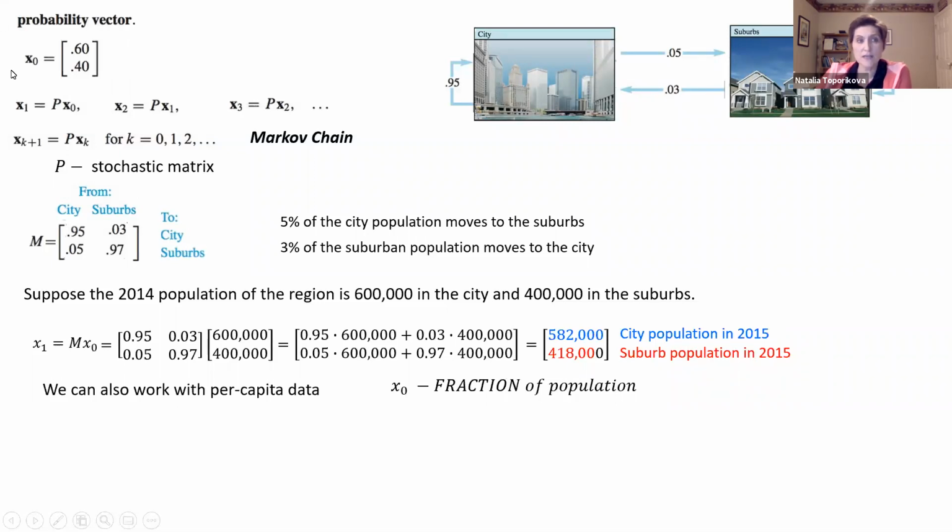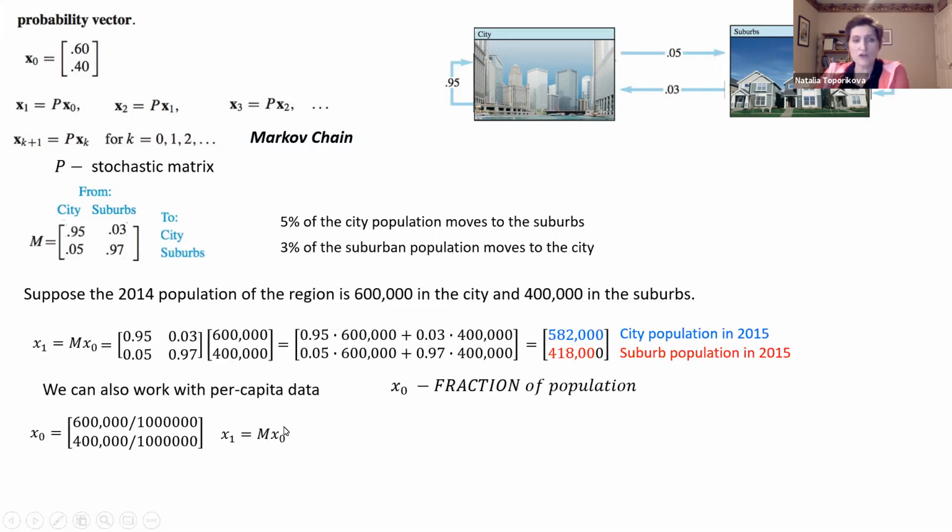That gives us our original probability vector, X0. Because we normalize it by the total, our probability vector automatically adds up to 1, which is a pretty cool property.